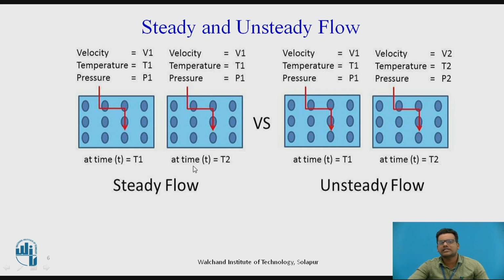If you consider another time interval also, means at time t equal to t3, then this property will remain same, means at t3 v1 t1 p1, then at t4 also v1 t1 p1, means the properties or the parameters are not going to change with respect to time. That type of flow is called as steady flow.